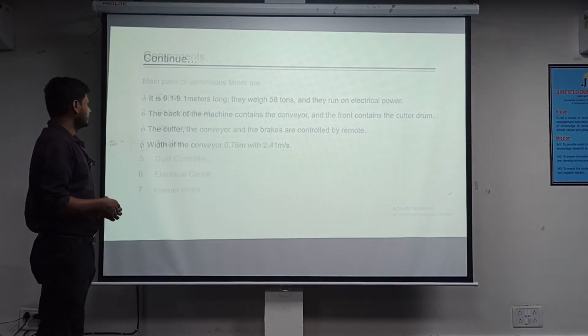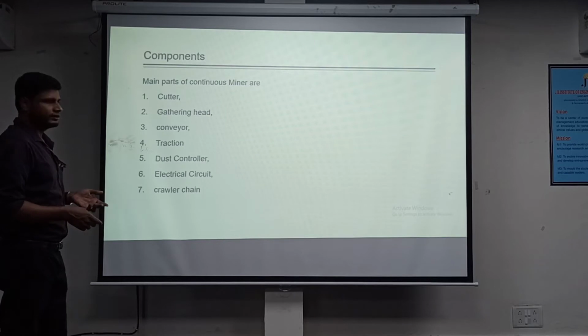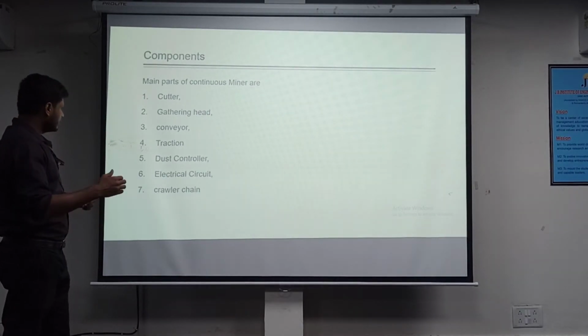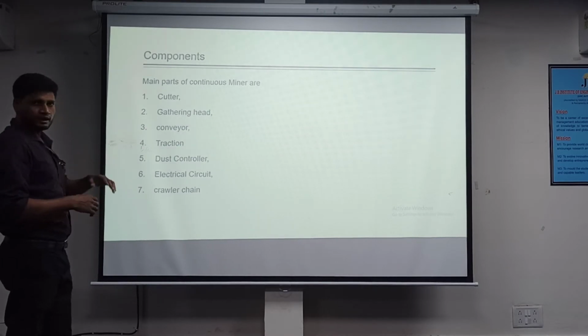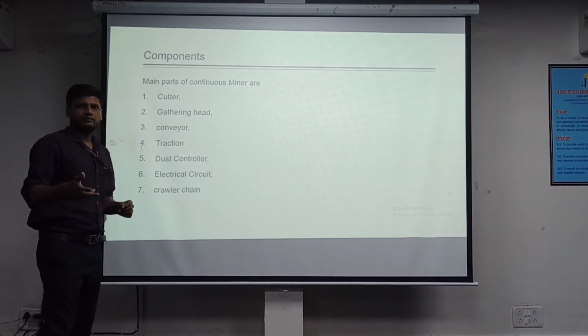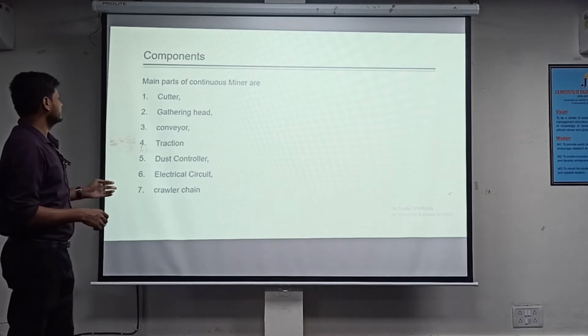The main parts of the continuous miner are the cutter, gathering arms, conveyor, traction, which is the transportation helping part, and the dust controller. In underground there is so much problem with dust, which creates fire damp, then the electric circuit, and coil chain.